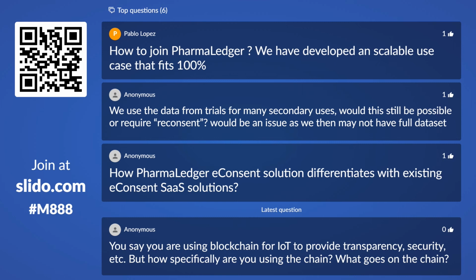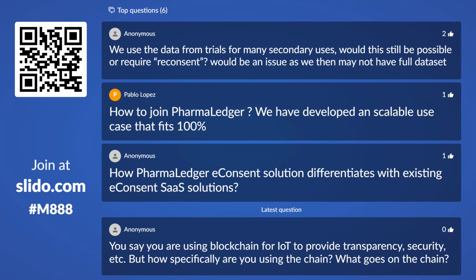Okay, right now we're in the phase of developing the architecture and the platform. So we interact with other use cases, projects and initiatives, but we will open up to all these use cases and scalable use cases when we finish part of the deployment and finish the project phase.